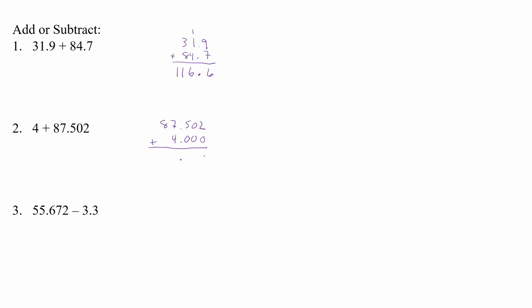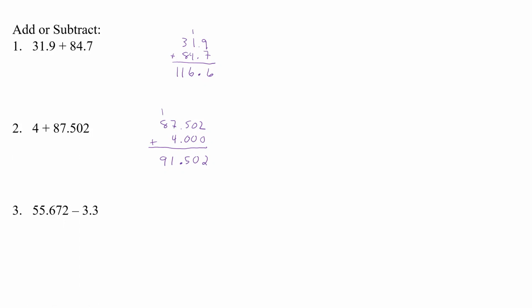And now we just take 2 plus 0 is 2, 0 plus 0 is 0, 5 plus 0 is 5. Our decimal disappeared. Now 7 and 4 is 11, carry 1, 8 and 1, 9. And so then our answer is 91.502.